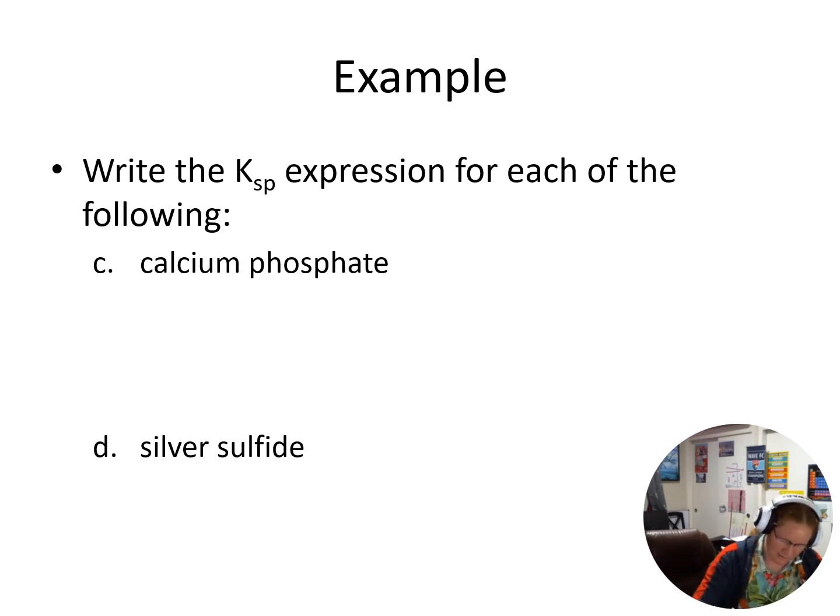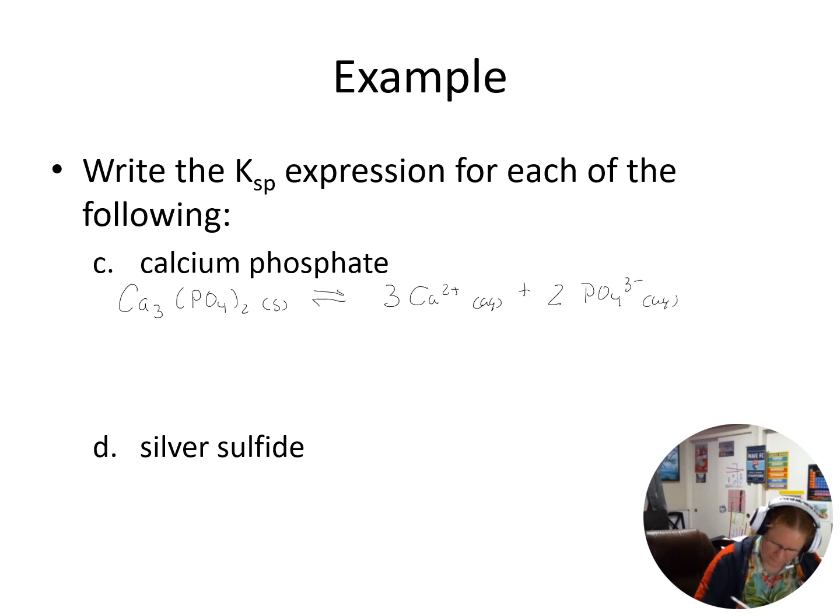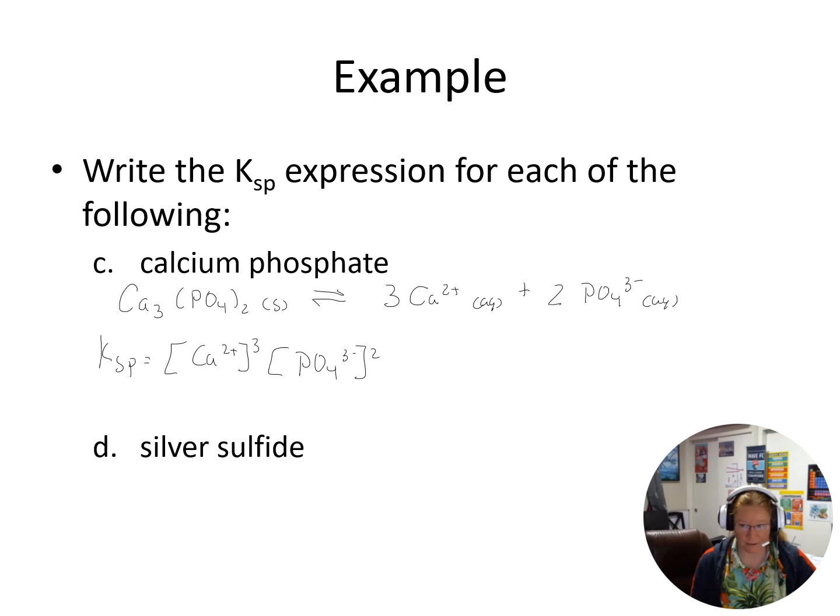So, calcium phosphate. All right, so we're going to get 3 calcium ions and 2 phosphates. All right, and then my Ksp, I'm going to raise that to the power of 3, raise that to the power of 2.